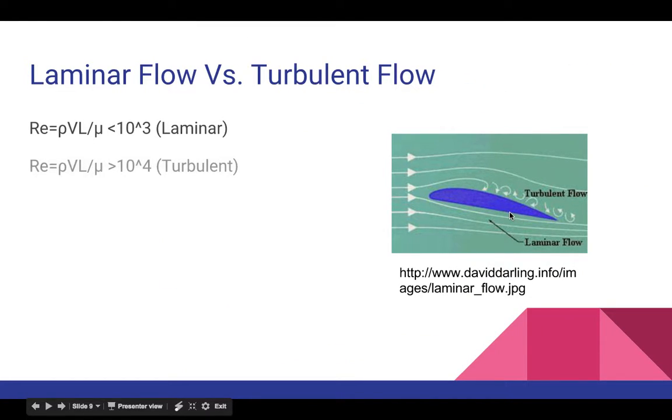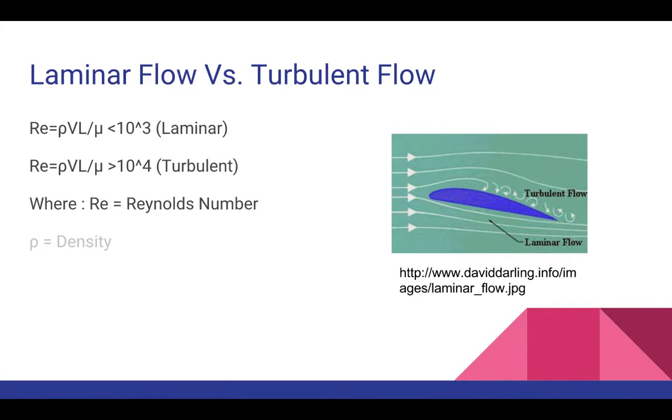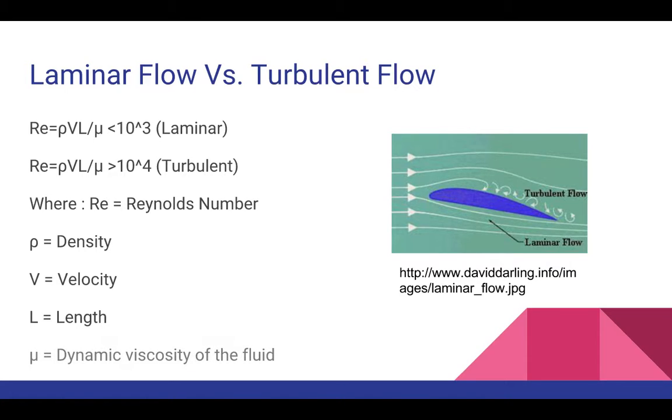Alright, so we have a comparison of a laminar flow versus turbulent flow. With that, we use the Reynolds number to figure out if it's either laminar flow or turbulent. If we calculate the Reynolds number and it's less than 1,000, that means it is a laminar flow.